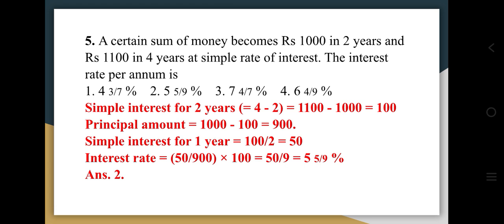We want what 100 corresponds to. So divide 50 by 900, multiply that by 100. So the interest rate is 50 divided by 900 into 100, which is 50 by 9, which is 5 and 5 by 9. So the interest rate is 5 and 5 by 9 percent. So the answer is choice 2.